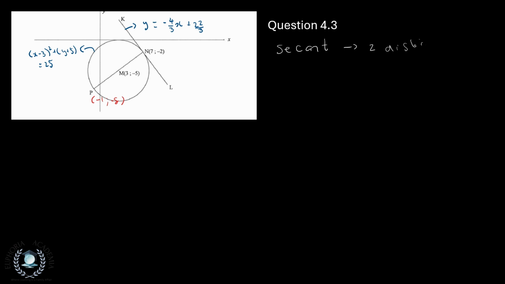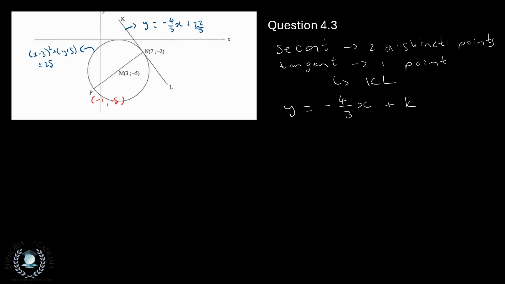Okay, so already we have a tangent which touches at 1 point, and this tangent is KL actually, and what we're given is very similar to this tangent formula, because we're asked to find the values of k.